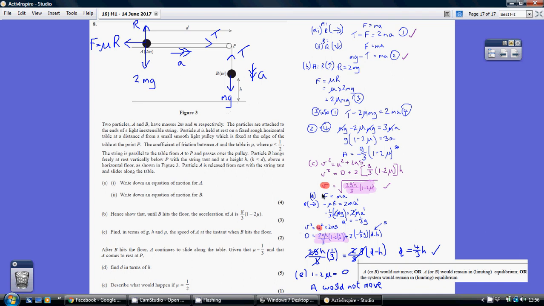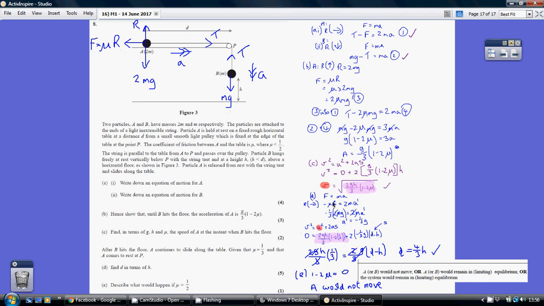So again, using F equals ma and resolving to the right, the only force in town now is going to be the friction that I'm fighting against. So that's going to be minus mu times R, because obviously that's in the opposite direction to my movement, and that equals my mass of 2m times my revised acceleration that I'm calling a dash.